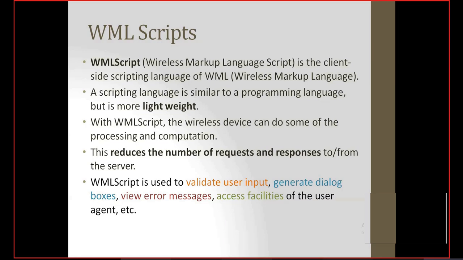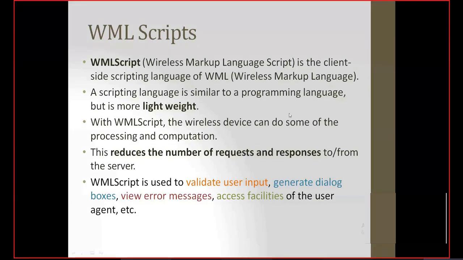And why we perform these computations on the client side, it is simply because we want to reduce the number of requests and the responses which come from the server, right? For every validation, if the server is getting requested, the number of communication trips increase, and that adds to the overhead of the network, right?